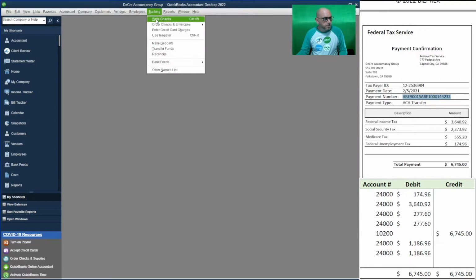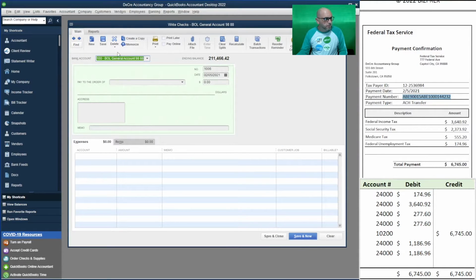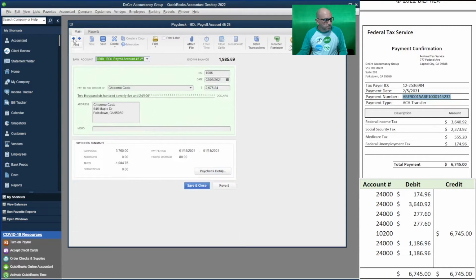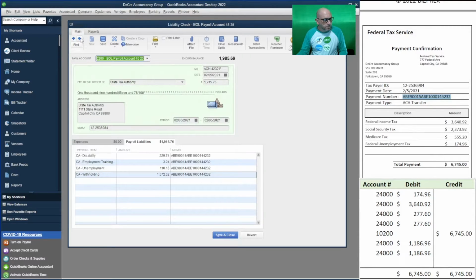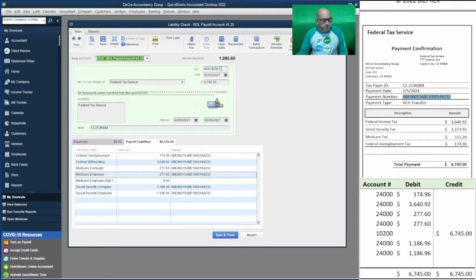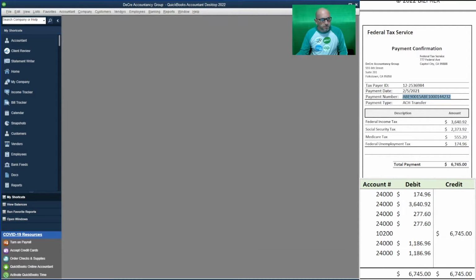Okay, so let's just take a quick look. That's our general ledger. I just want to look at my payroll account. State. So we're going to change this to S, State. Yes, and this is federal. Okay. Doesn't change debits and credits. I'm just doing it for our own purposes.